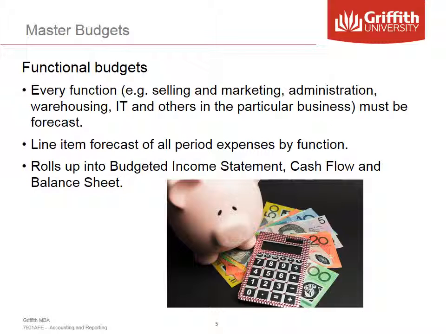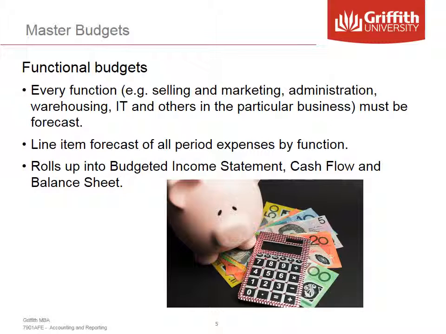Now I'd like you to think back to our discussion about fixed costs and variable costs at this point. In forecasting every item, we have to identify and know which are fixed costs, which don't respond to the volume signal, and which are variable costs, which do respond to the volume signal.